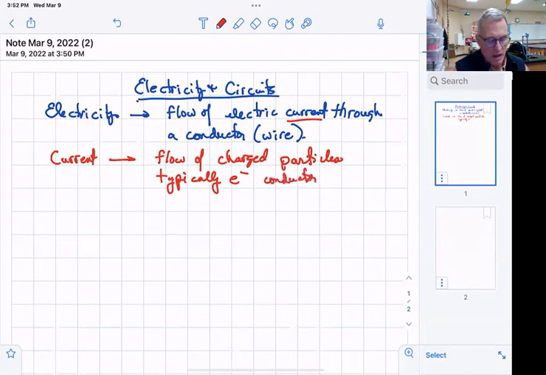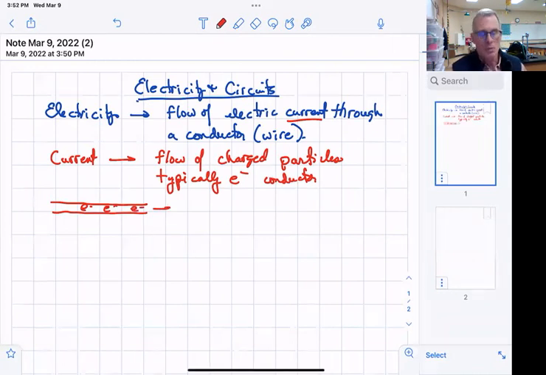So one way to think about it is if you had a wire like this, and you had current moving, you'd have charged electrons moving through the wire like that. That would be current.